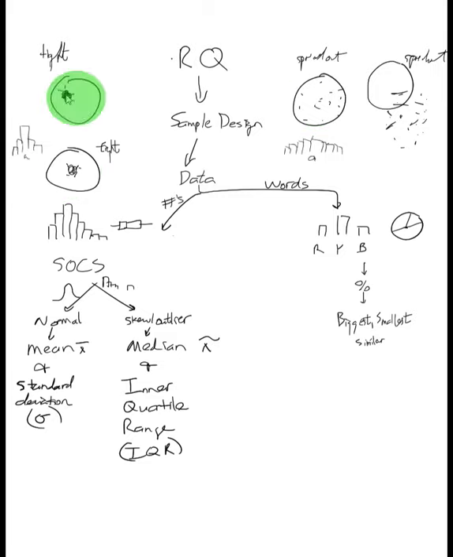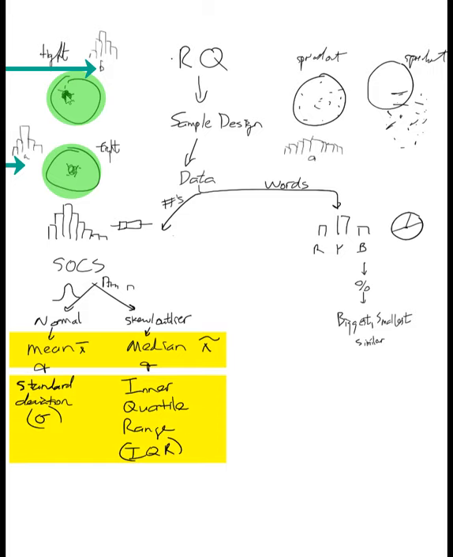Whereas this one will have a very similar histogram to this one. However, it might have the same spread as this one, but maybe its center is off. It's over here instead of back here. So same spread, different center. So we need to understand center versus spread.